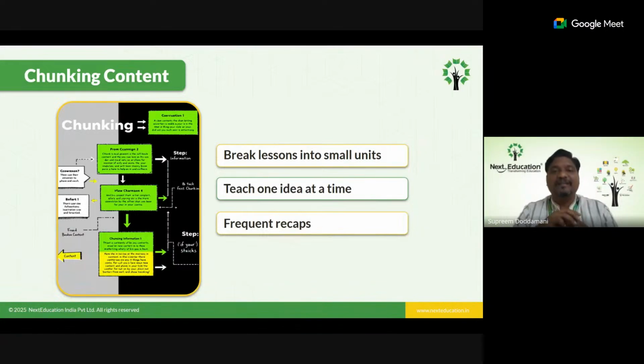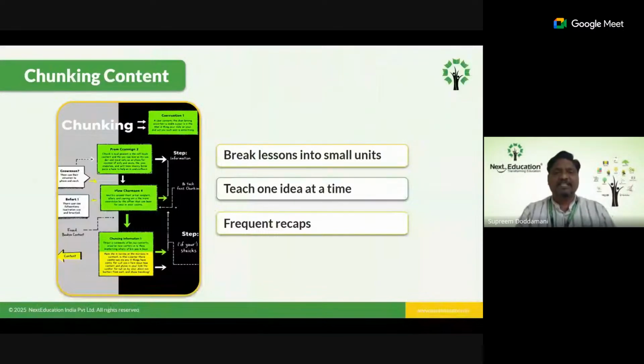Okay. Now, frequent recaps. Recaps are necessary in some of the physics chapters, I guess. Chemistry and biology also need them. But frequent recaps in numericals are very important, because many of the students say that numericals are very difficult, I'm not able to understand, I'm not able to do it.